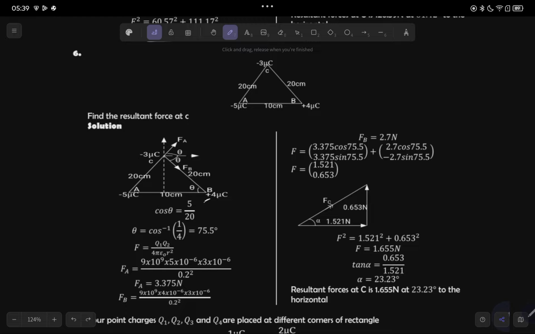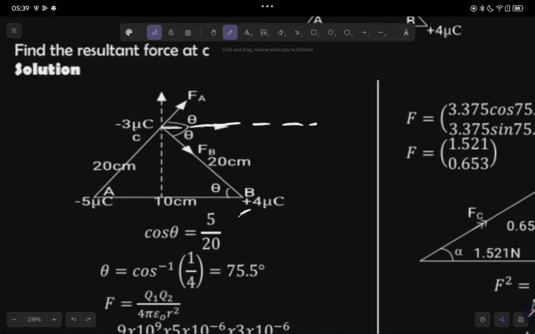charge at C. Now, since these forces are not entirely horizontal or vertical, we shall need to break them down, or resolve them, into their vertical and horizontal components. To do that, we shall draw a line parallel to the base of our triangle.